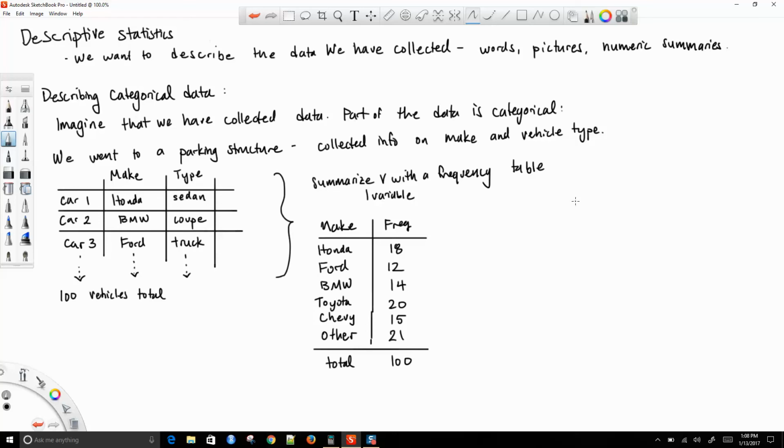And I think this is rather straightforward. And if we wanted to display this, we can display this with a bar chart.